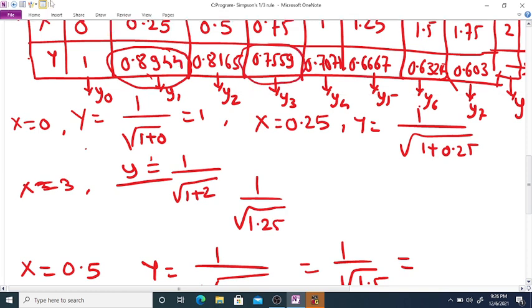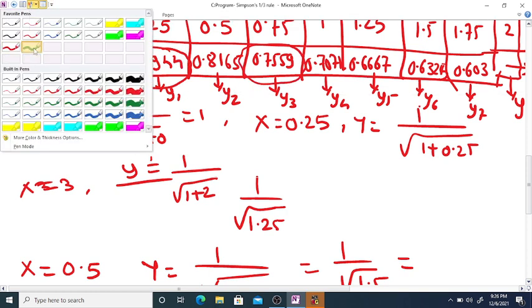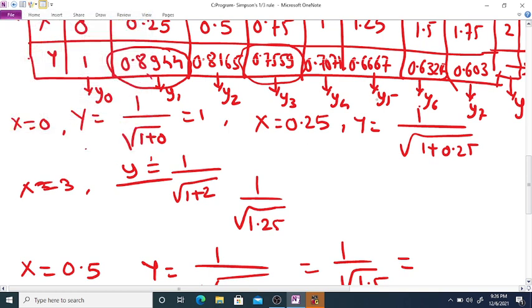Okay, if we change, say, y3, this is y5, and this is y7. So this is y1, y2, y3, y5 and y7.